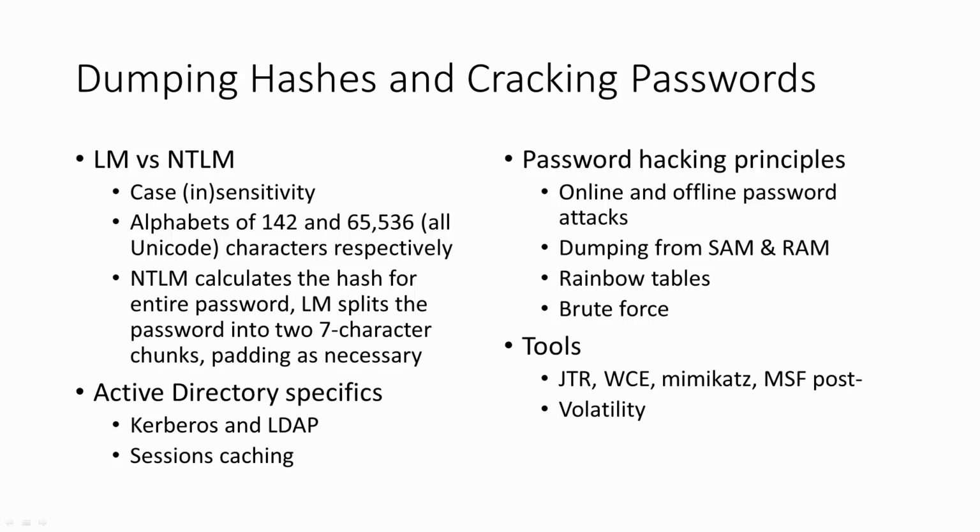So LM was insecure by design from the very beginning, and it took Microsoft a long time to first implement NTLM version 2, then migrate all the services and all Windows distributions to using this by default, and actually forcing use of the NTLM v2 hashing algorithm in all of its products.